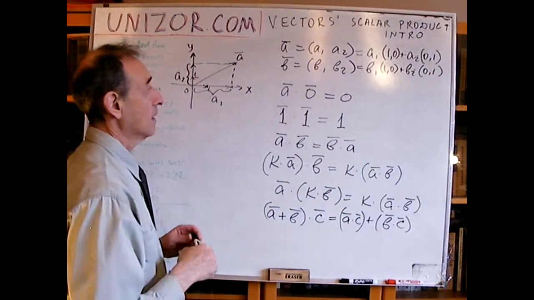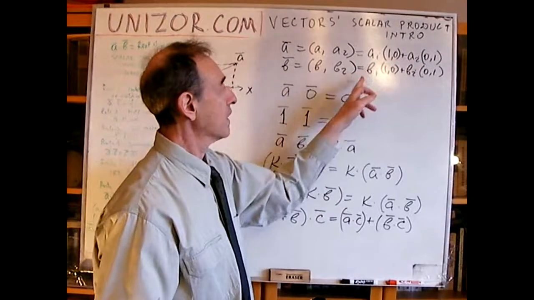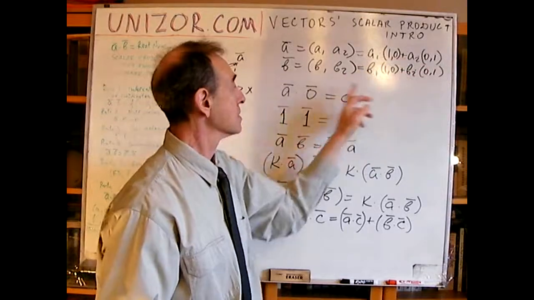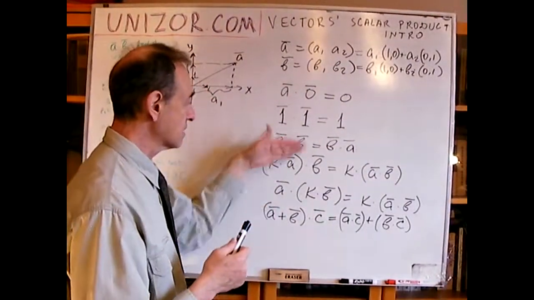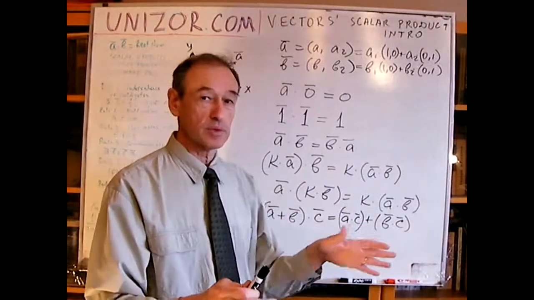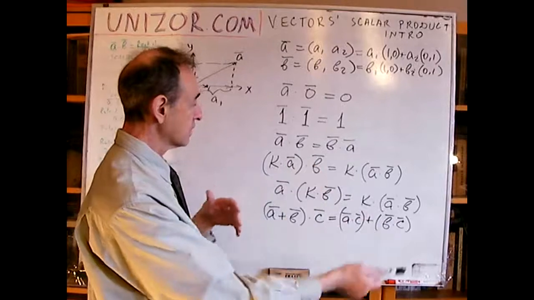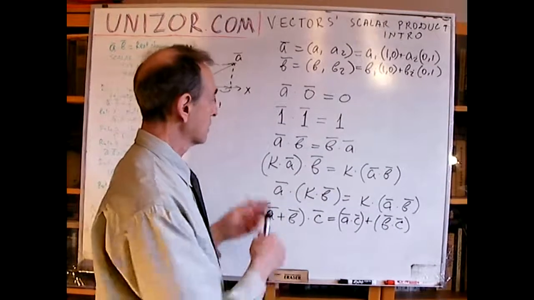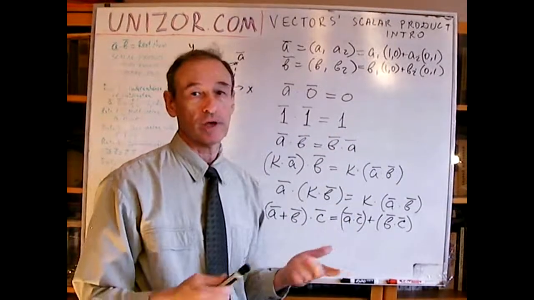Now, let's multiply that. One vector is a sum of two vectors, and another vector is a sum of two vectors. So I can use these very reasonable laws, which we have agreed with, of commutative, distributive and associative laws, to multiply a sum of two vectors by a sum of two vectors, right?